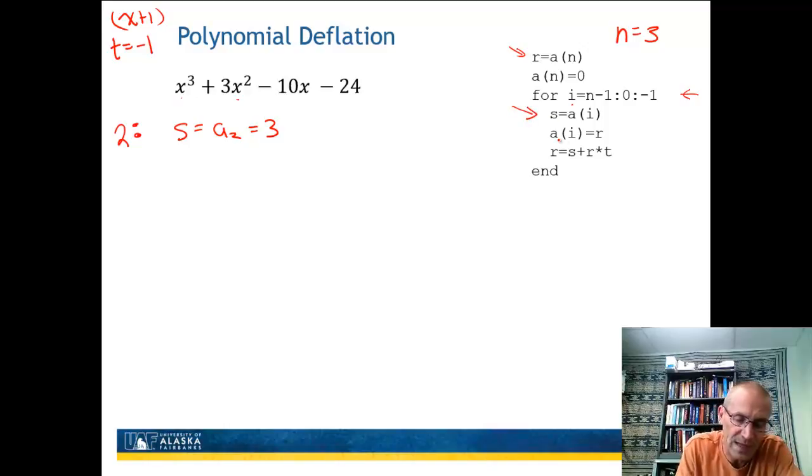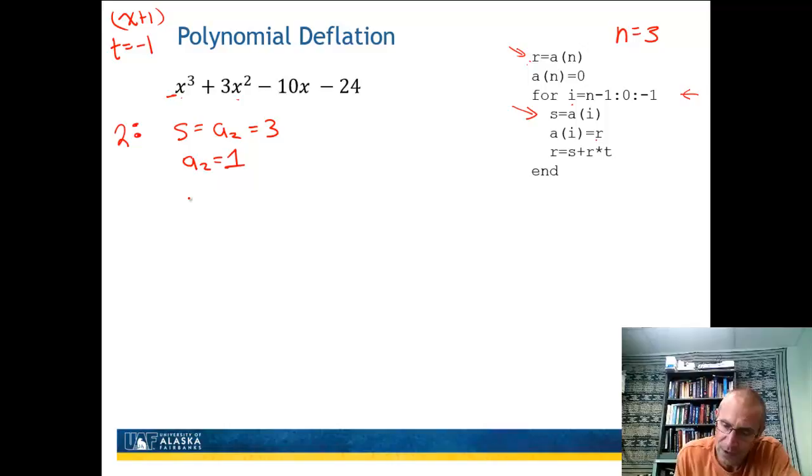The reason I'm doing it is because now I'm changing the value of a_i. I'm saying a_i is equal to my remainder. Look back to what my remainder was. My remainder was initially the value over here, which was 1. And so I've set a_2 equal to 1. So this is my new polynomial that I'm building, the new values of a for what my division is going to be. All right?